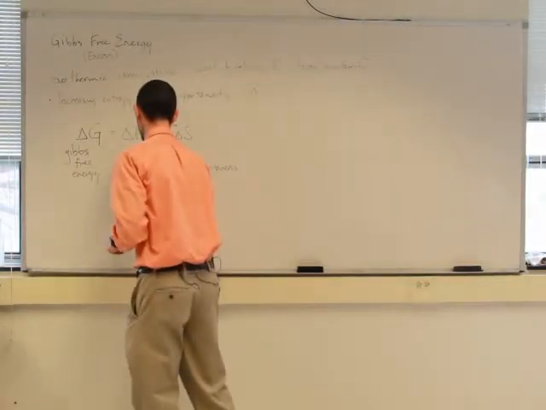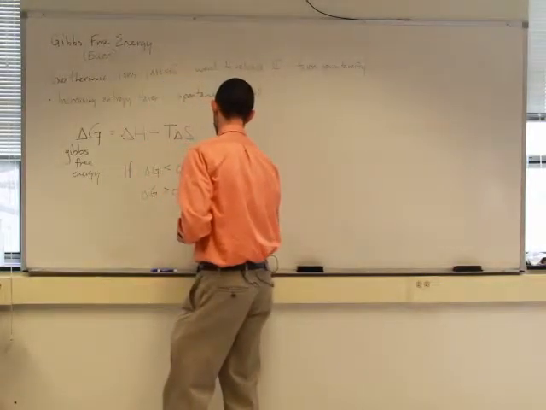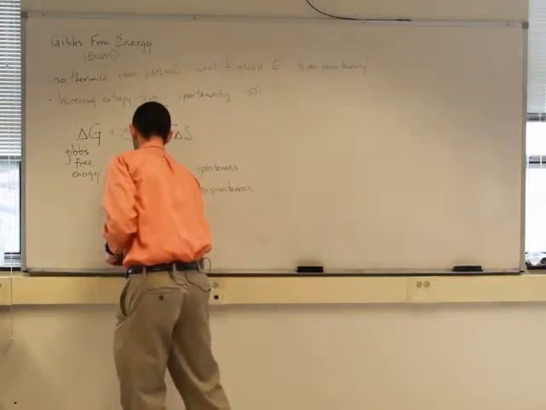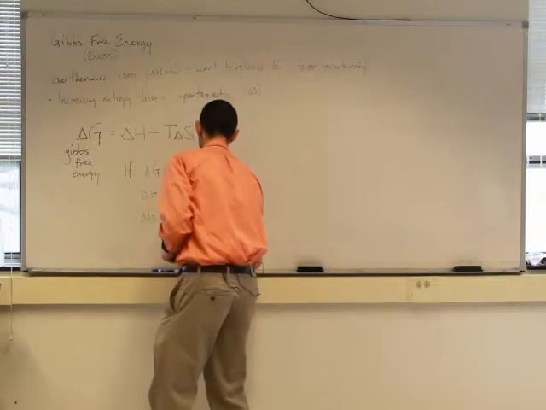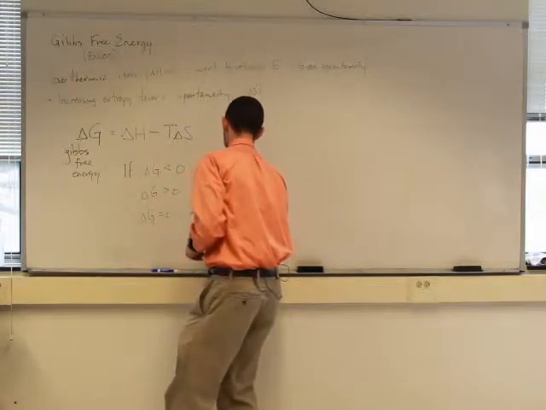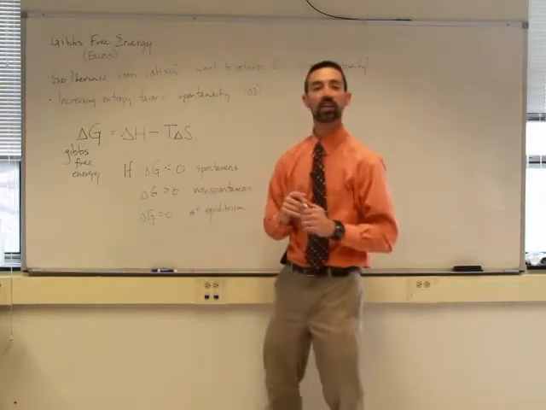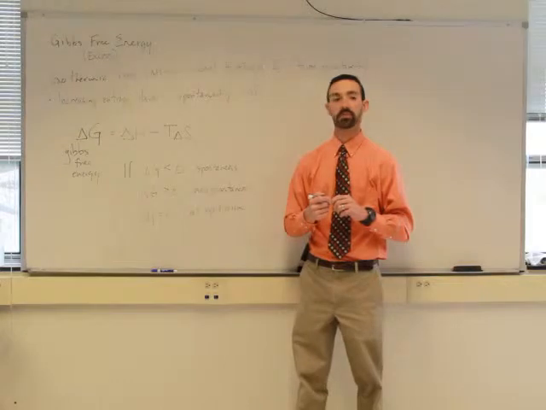If delta G is positive, the reaction would be non-spontaneous. And if delta G is 0, the reaction is at a condition of equilibrium, potentially changing from being spontaneous to non-spontaneous or the opposite. Okay?